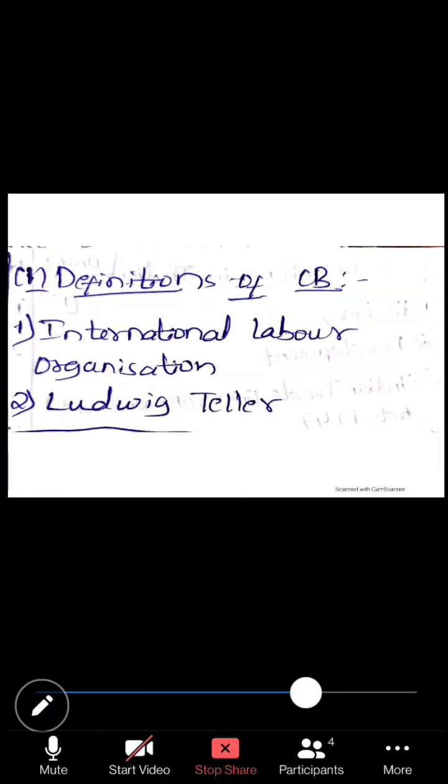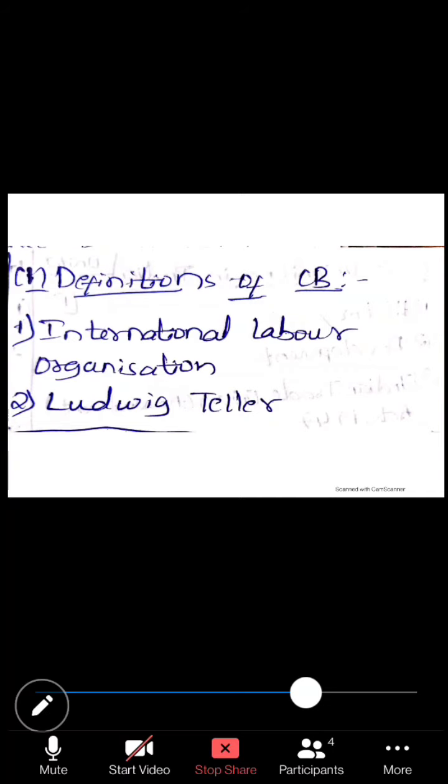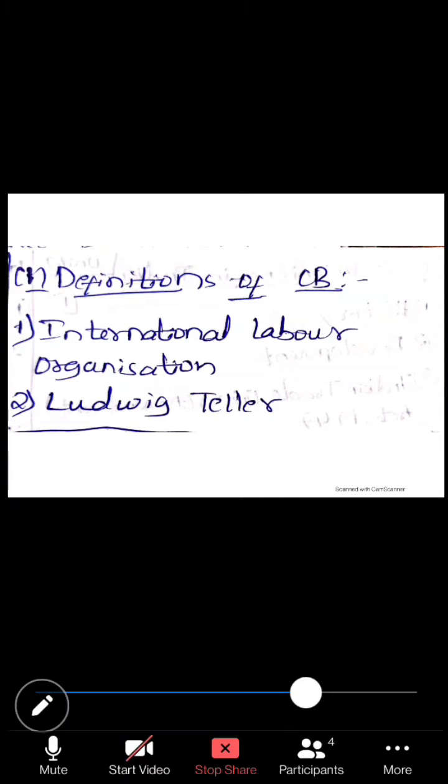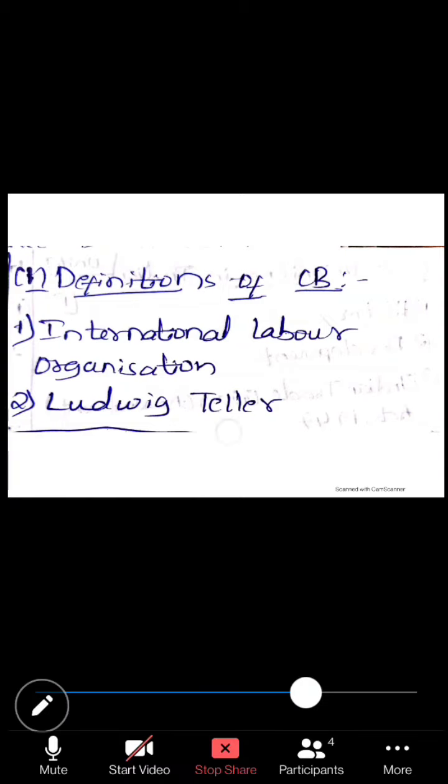So what the definition says is, it is a negotiation about the working conditions and terms of employment between an employer, a group of employers, or an organization of employers on one hand, and an organization of workmen on the other side, to conclude an agreement. The next definition is given by Ludwig Teller.